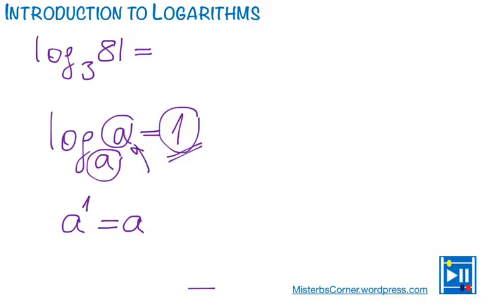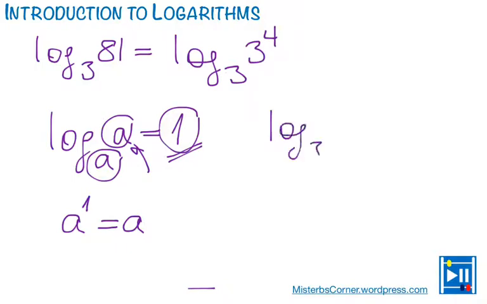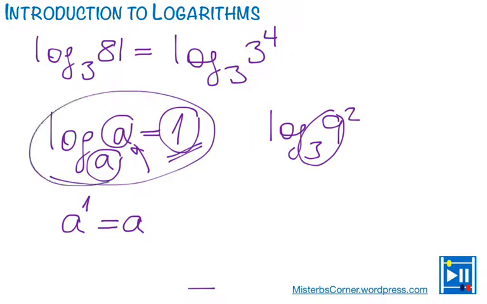How am I going to use that? Well, we have another property. We are going to write this as log base 3 of 3 to the power of 4. I could choose to write log in base 3 of 9 squared, but I'm trying to get these numbers the same so that I can use this idea.